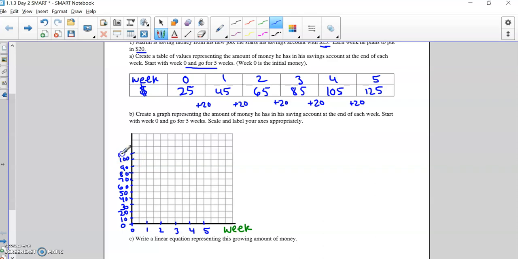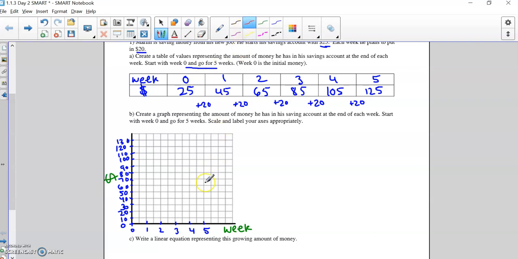Almost there. All right, we can stop at 130 because we made it to the 125. All right, and let's make sure we label our axis. We know that this is the money axis.